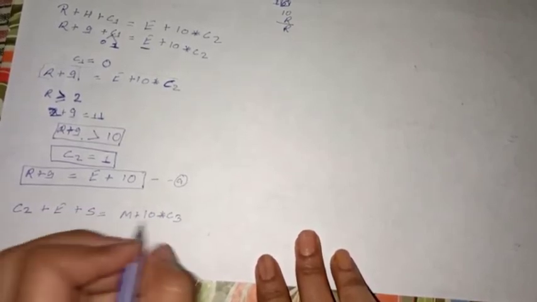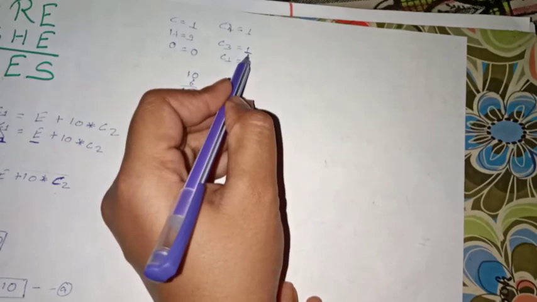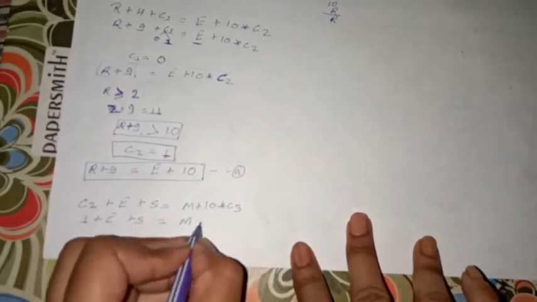We already know that the value of C2 and C3: the value of C2 is 1 and the value of C3 is also 1. So here we write, the value of C2 is 1, that is 1 plus E plus S equal to M, the value of C3 is also equal to 1.